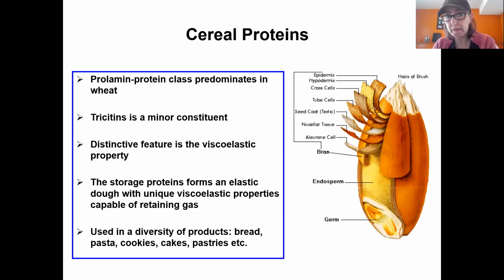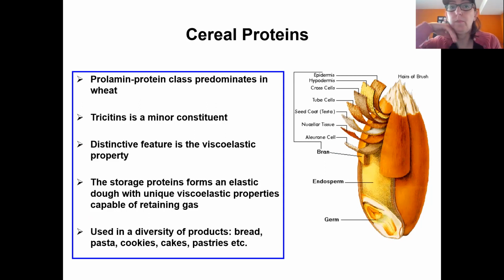So in wheat specifically, prolamin proteins predominate. So that's mostly prolamin, whether they are the regular prolamin or the high molecular weight prolamin, but these are the ones that predominate in wheat. Triticins are present, like I said, these are the globulins present in minor amounts.